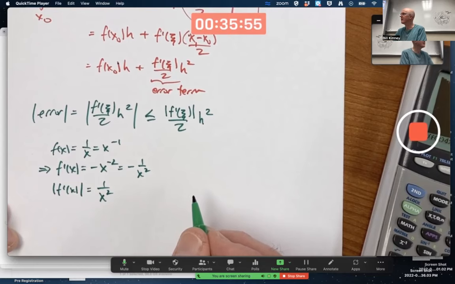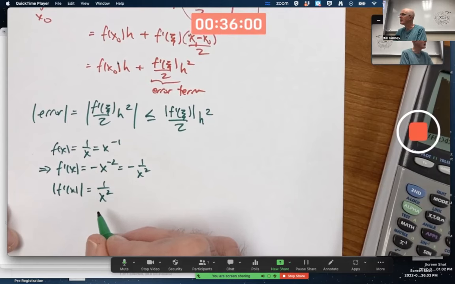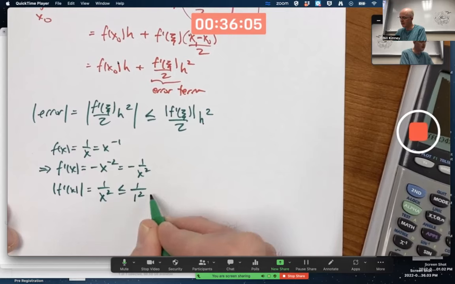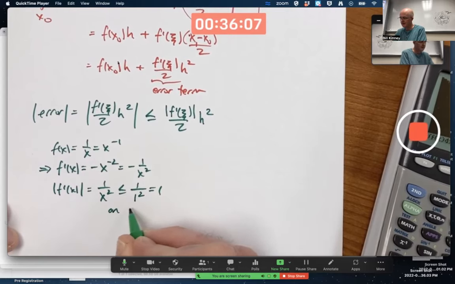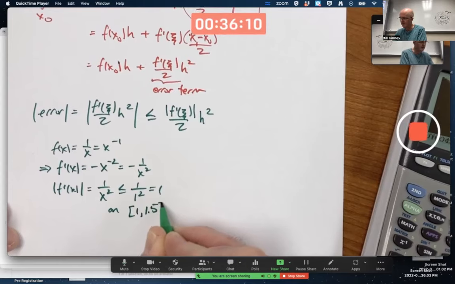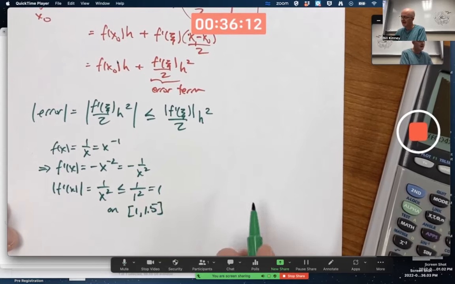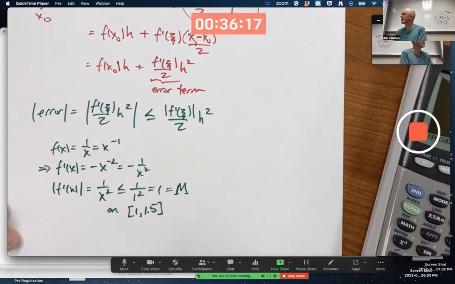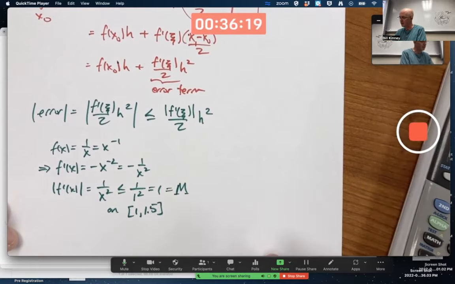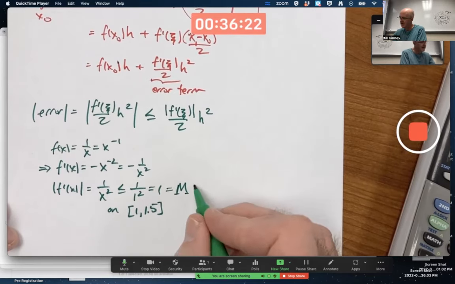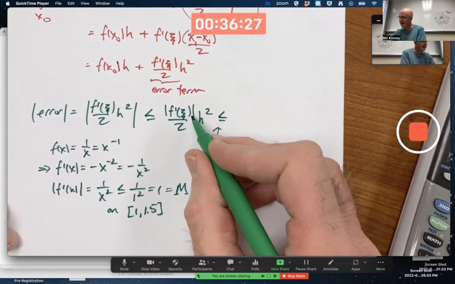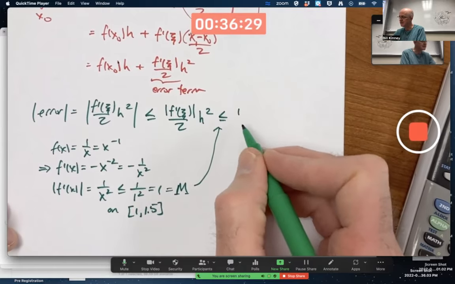And on the interval from 1 to 1.5, this is maximized when x is 1. This is less than or equal to 1 over 1 squared, or 1. I can use this as an upper bound, capital M, for the derivative on the interval from 1 to 1.5. And I can go up here and replace that absolute value with 1 and say I have a less than or equal to.